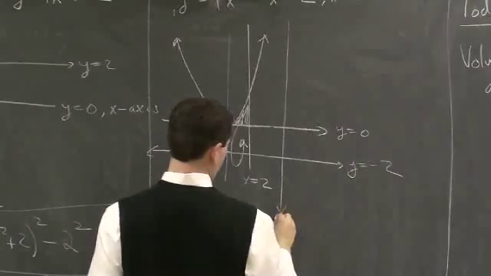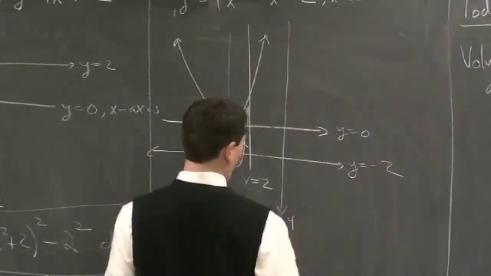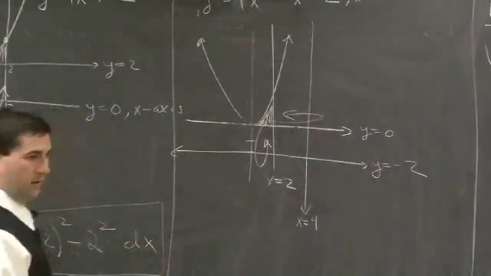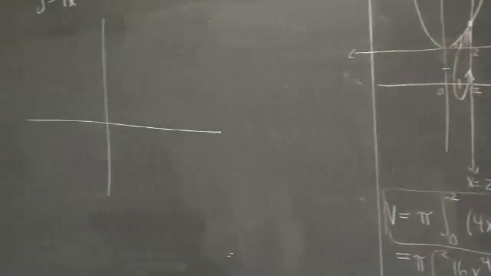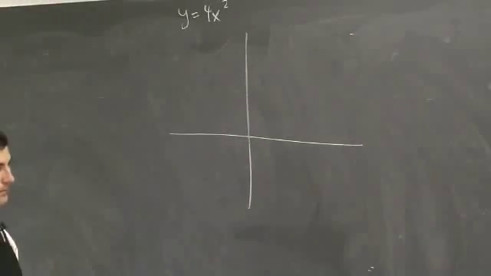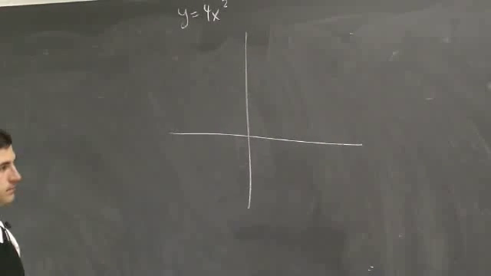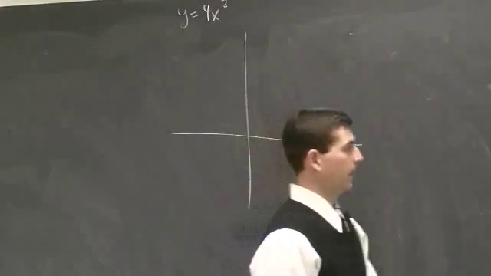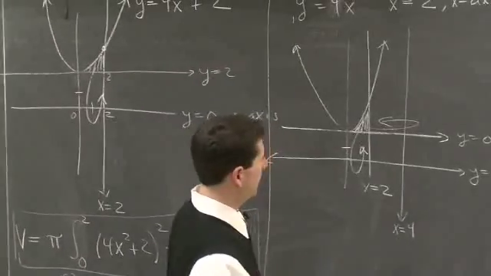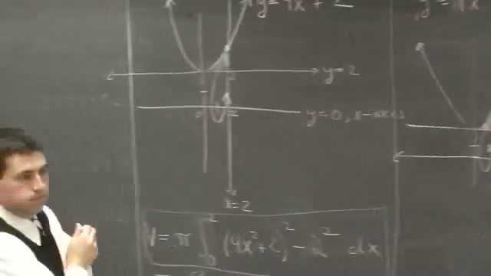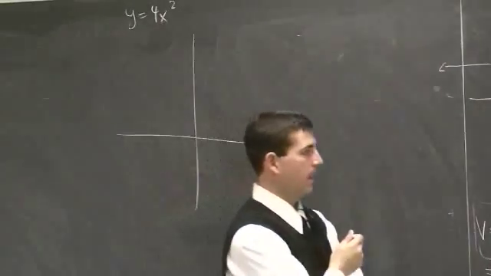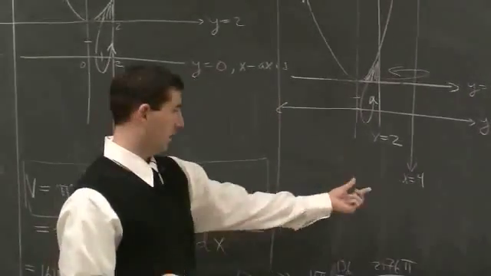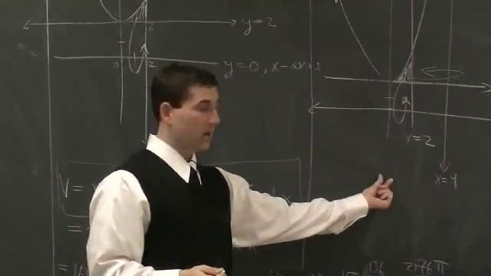Let's say at x equals 4. And now I want to rotate that way. I mean, the first thing you think of is move everything over to the left. That'll get this axis back to the y-axis.